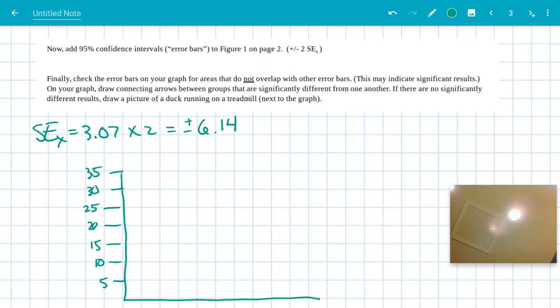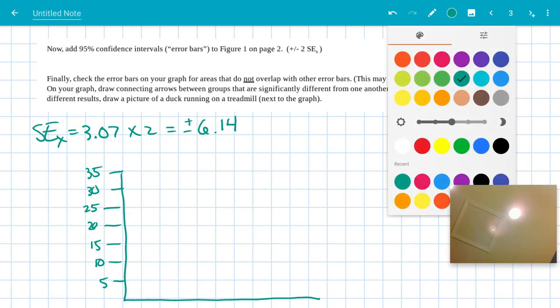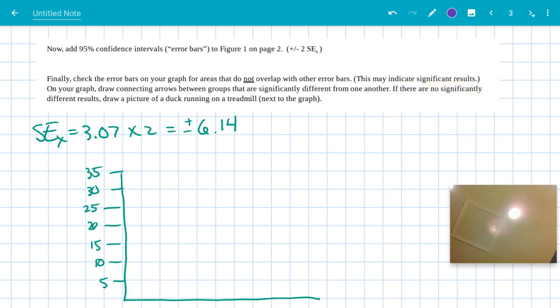Hold on, give me just a second. The first trial was 24.73. That was the mean. So you graphed 24.73. Let's switch colors here one more time. So let's try purple. So you would have graphed like this, 24.73, so close to that 25. So that's what your graph should have looked like when you started.